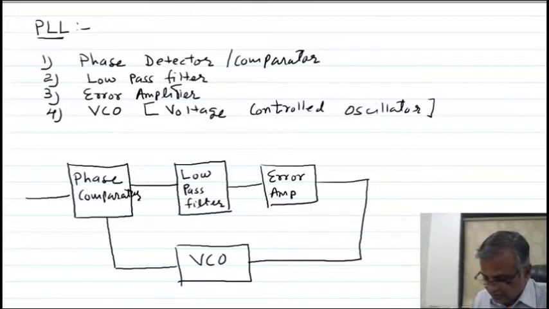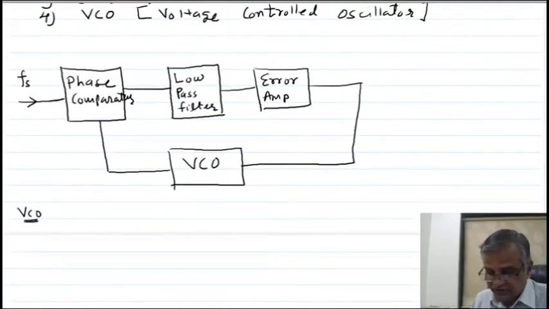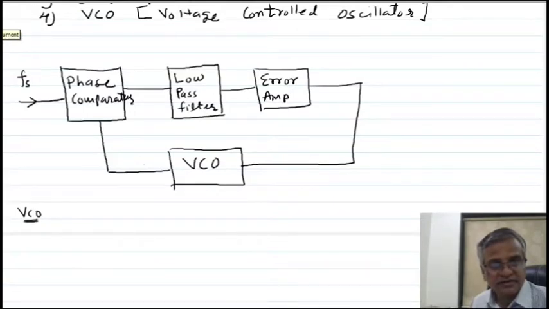See, this is the input signal having a frequency fs. I am discussing VCO first. VCO is a voltage control oscillator. It's a free running multivibrator.